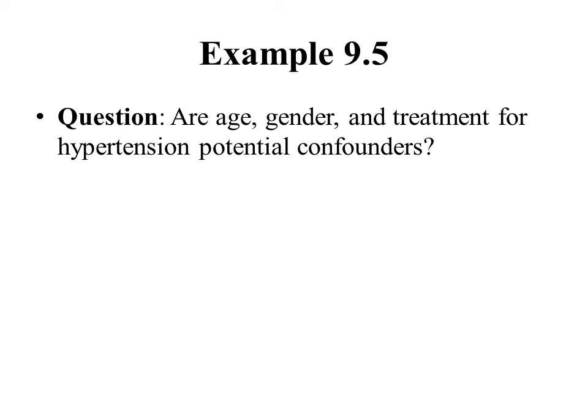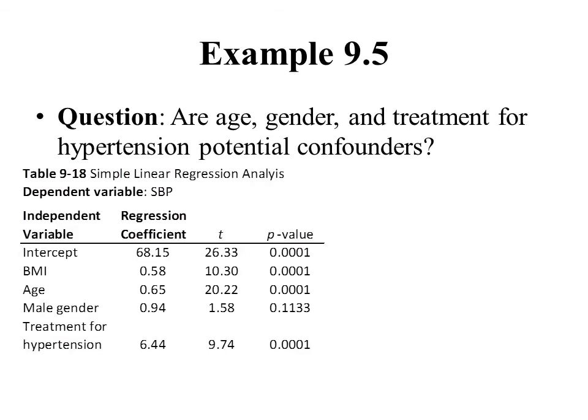And so we can do a multiple regression analysis, and those results are shown here in this table 9.18. The dependent variable again is systolic blood pressure, and we've got an intercept, BMI as one variable, age as another variable, gender as a third variable, and then treatment for hypertension as a fourth variable.